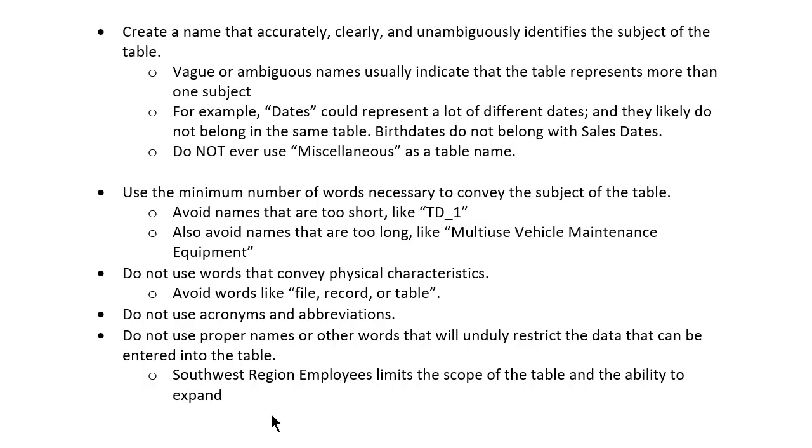So an example might be Southwest Region employees. Well, that implies that only those employees that are in that area would be entered into that data. So if somebody was outside of that area, they shouldn't be entered into that table. Which means that if they were, it'd be hard for somebody to find the data that they were looking for.